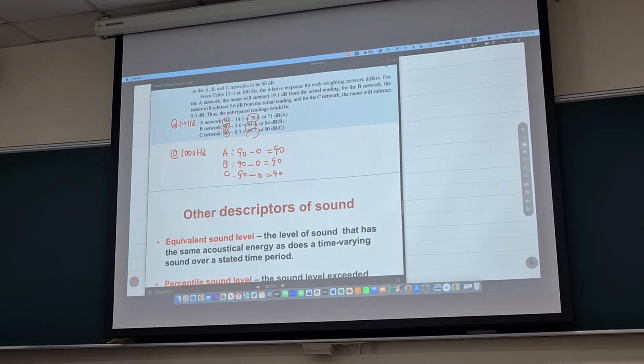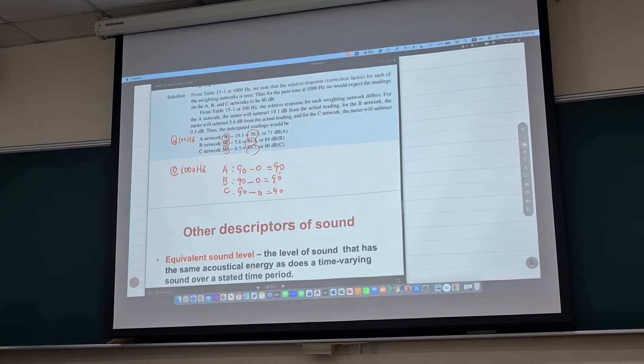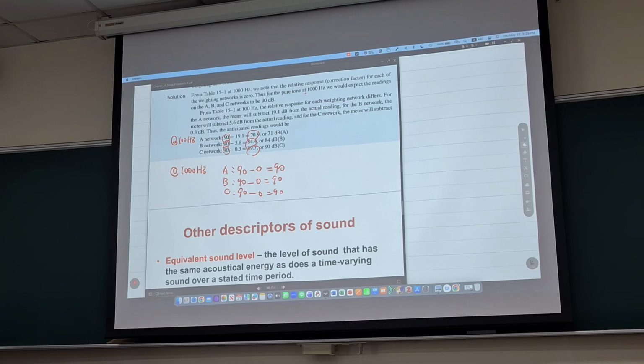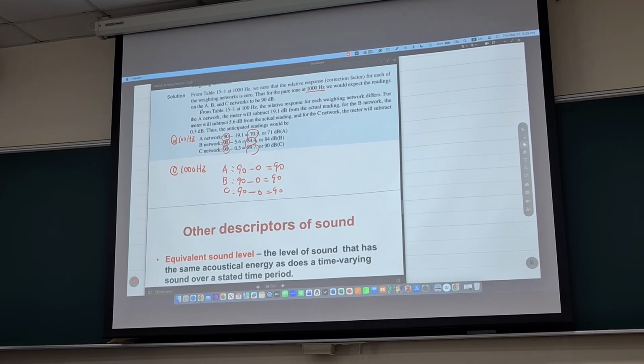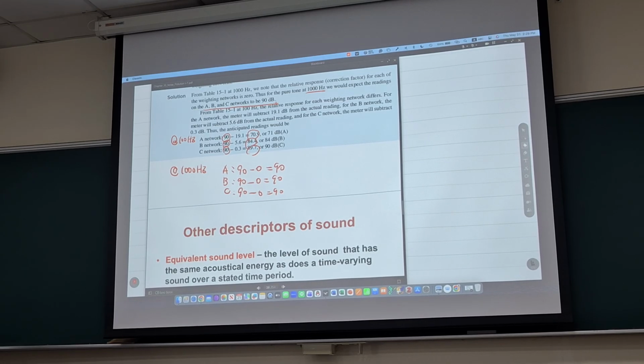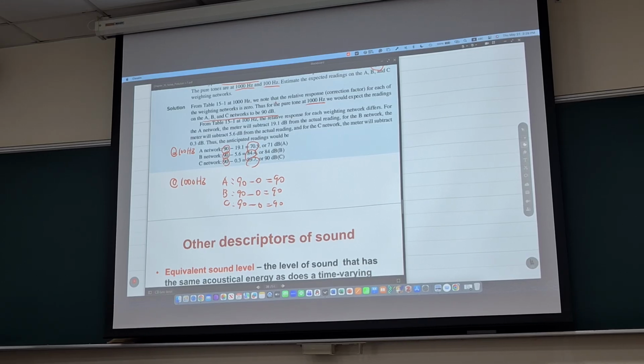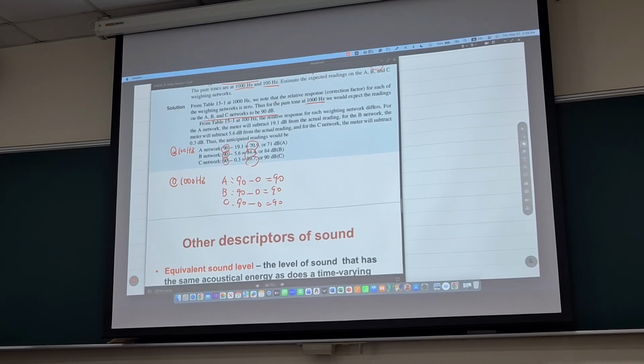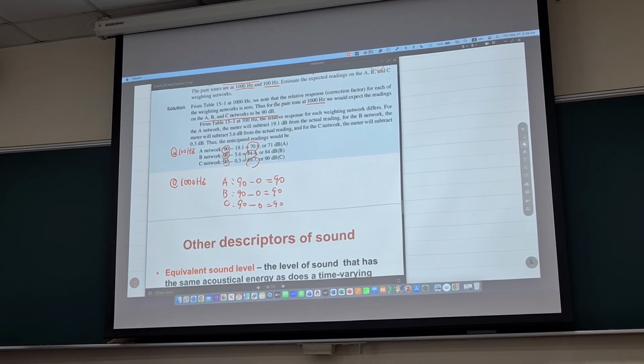At 1,000, A, B, C will do nothing, because that frequency is the reference. Everyone understand? If you understand, please raise your hand.